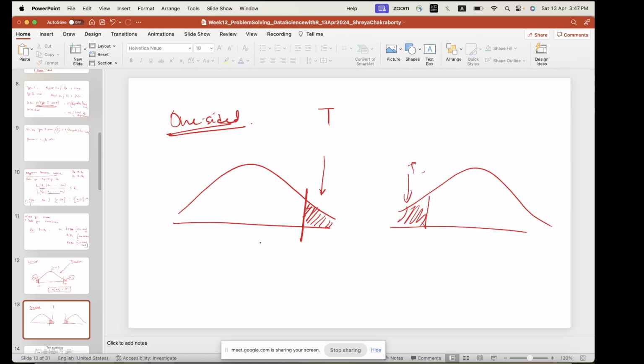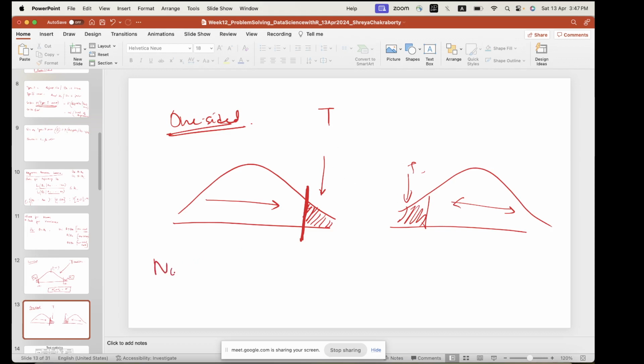If it falls within the acceptance region, then we accept, and if it falls within the rejection region, which is usually one-sided, either this side or that side, then we can say that this is a one-sided test and take decisions accordingly.